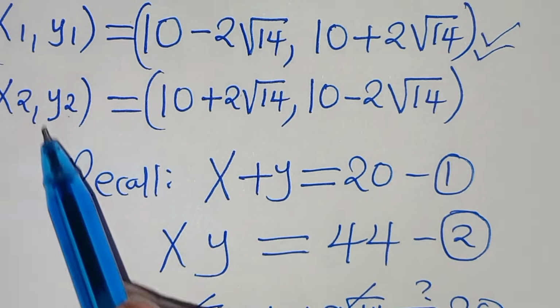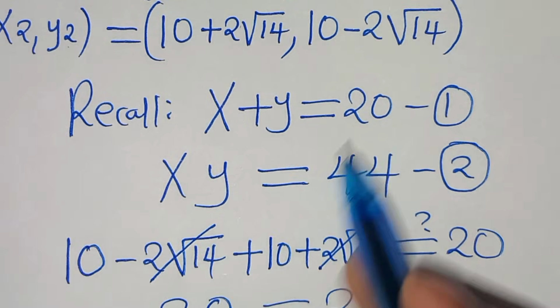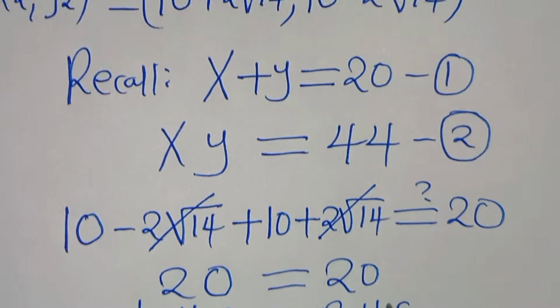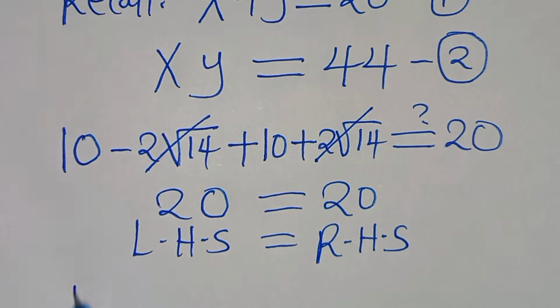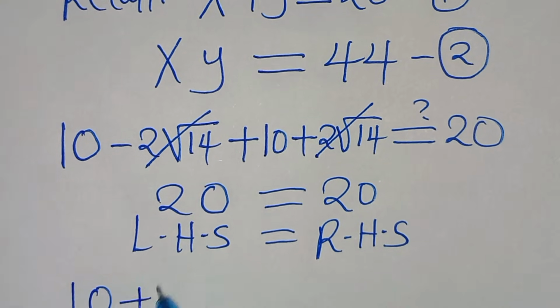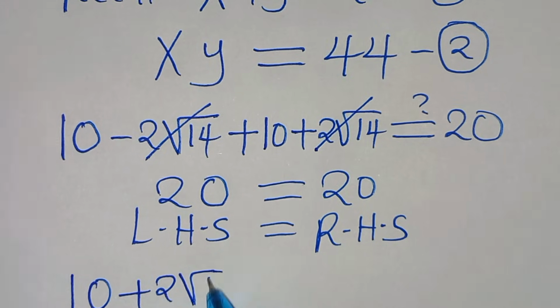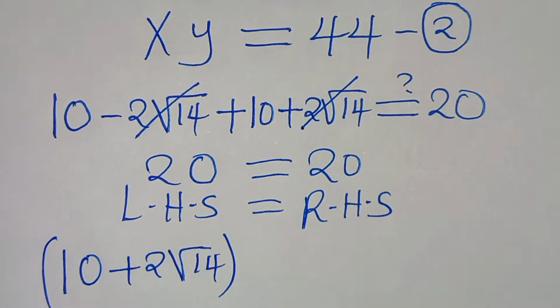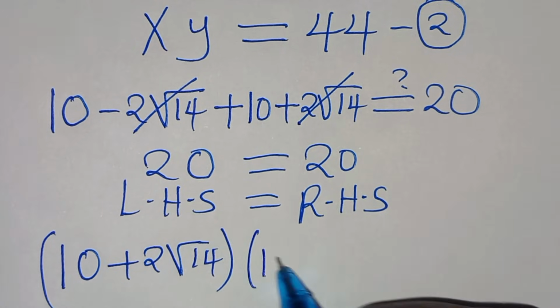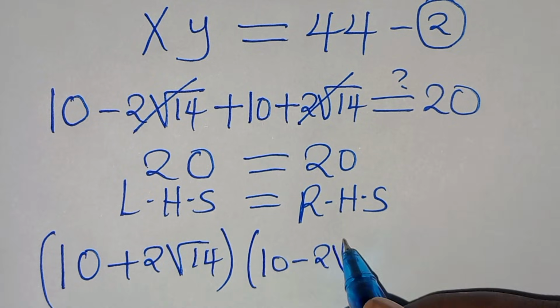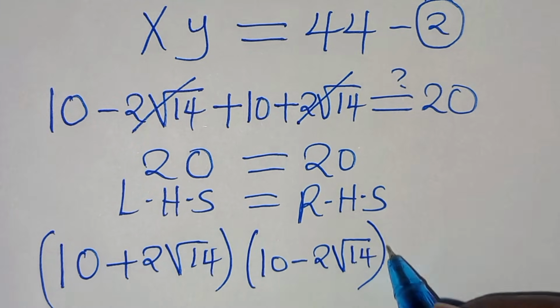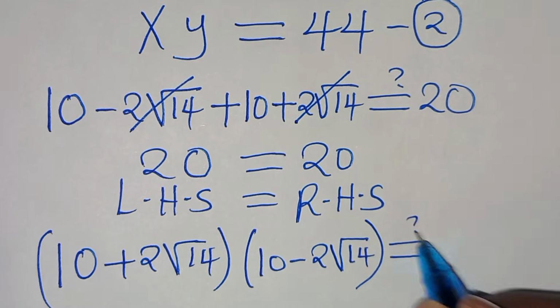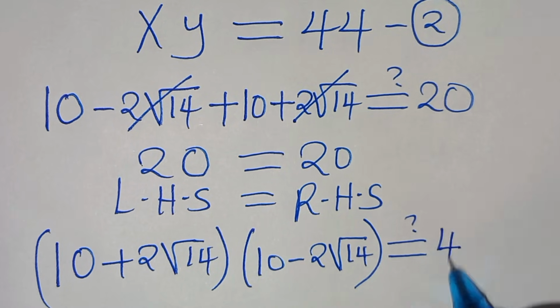Now let's check x2, y2 using equation 2. So we have 10 plus 2 square root of 14 multiplied by 10 minus 2 square root of 14. This is supposed to give us a value of 44.